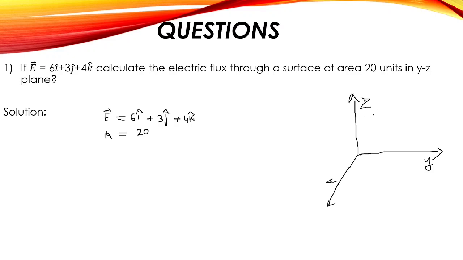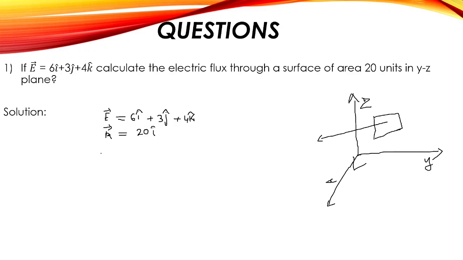I am considering a body like this, a rectangle or square, any body you can consider. So this is the YZ plane. What will be the area vector? The unit vector in the direction of the x-axis is i cap. So the direction of our area vector will be i cap. We can write the area vector A is equal to 20, that is the magnitude, and the direction will be i cap.